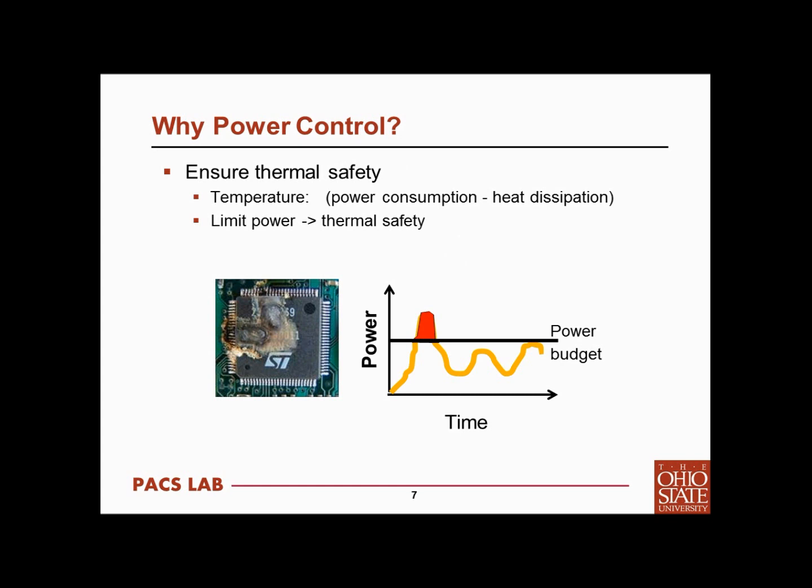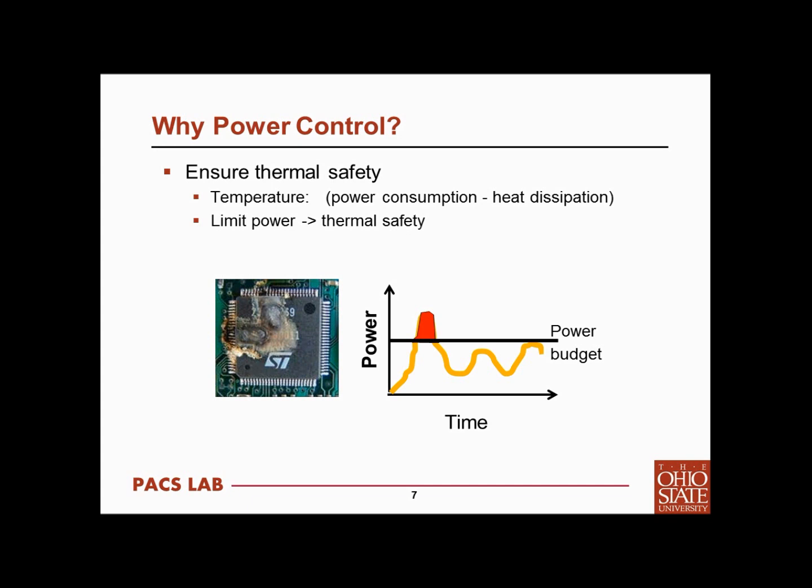Another reason to do power control is to ensure thermal safety. We all know that if the temperature of a computer system is too high, the computer chip will burn itself. However, temperature is the net effect of power consumption and heat dissipation.